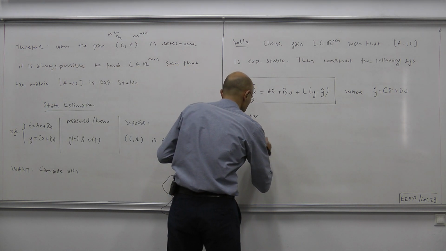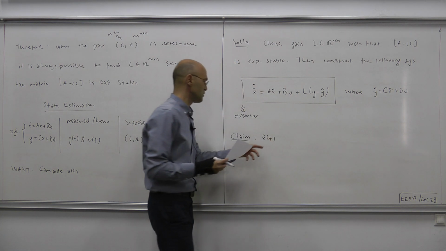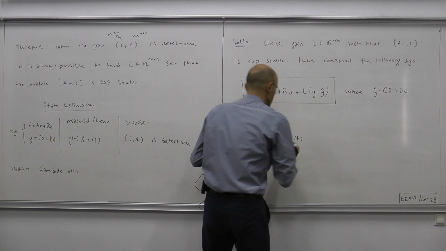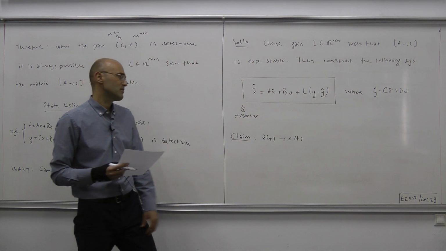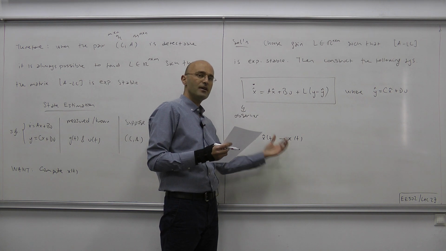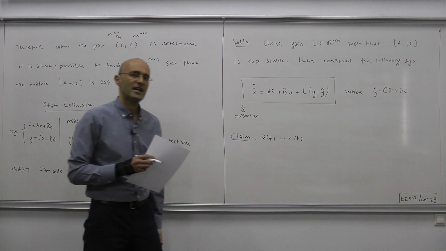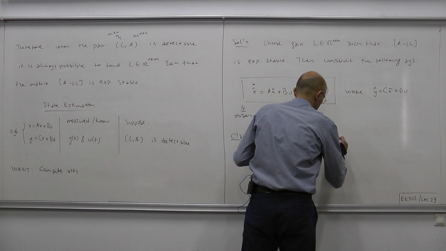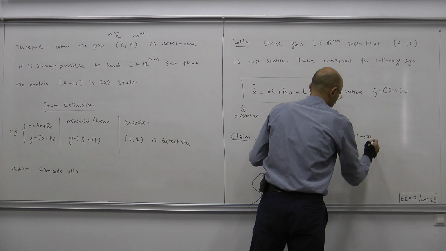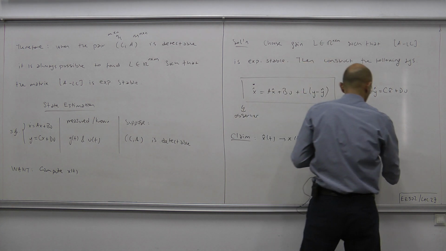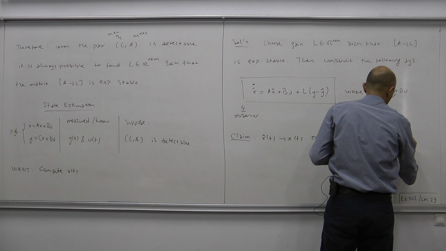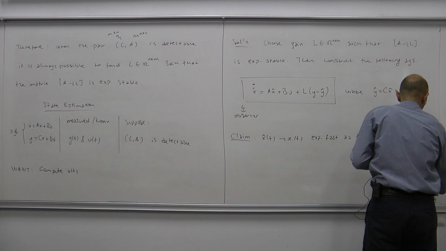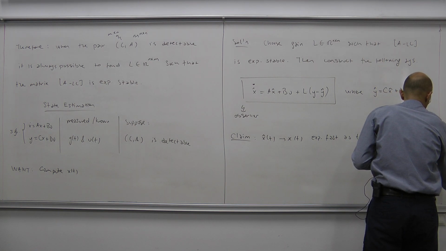Thus, here is the claim: x hat of t, which is produced within our computer, becomes closer to x of t exponentially fast. This simply means that if you take the difference, the error, that error is converging to 0 exponentially fast as time goes on, for all initial conditions x 0 and x hat 0.